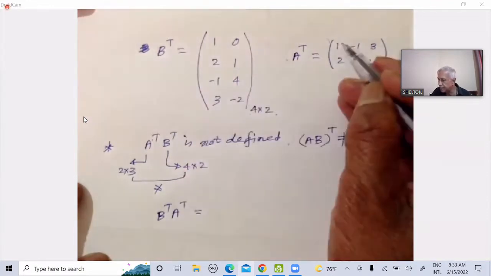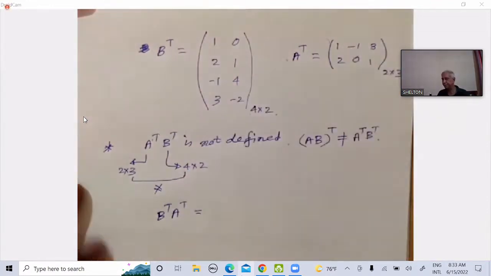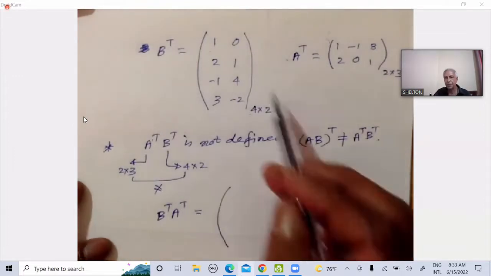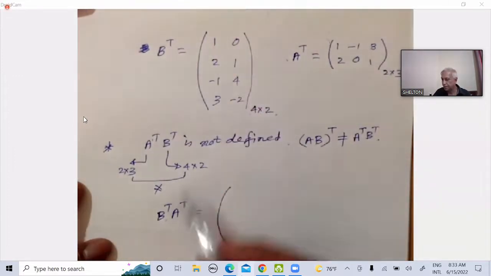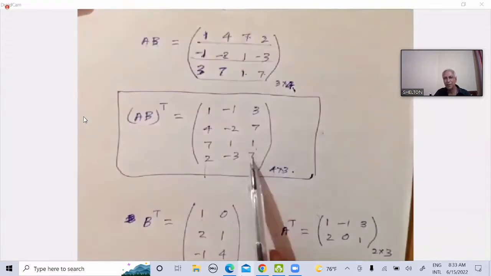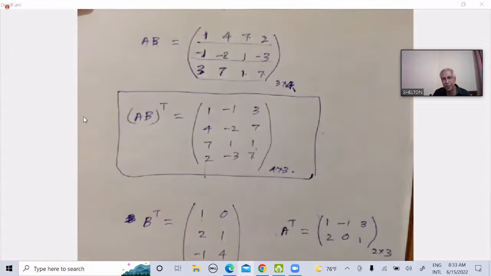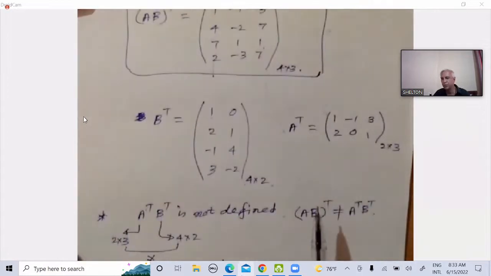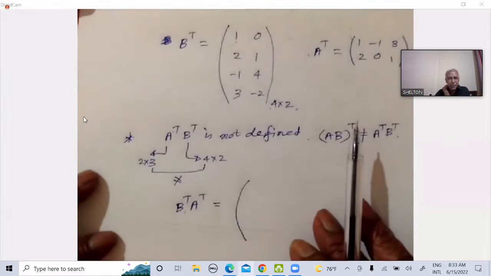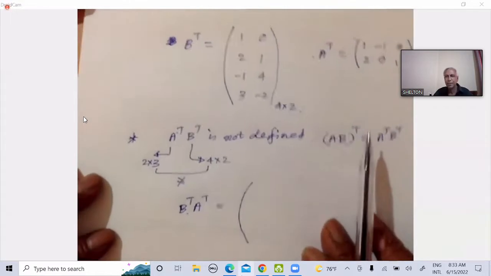This times this. AB transpose is this. We are trying to check. We are saying it's equal to B transpose A transpose.